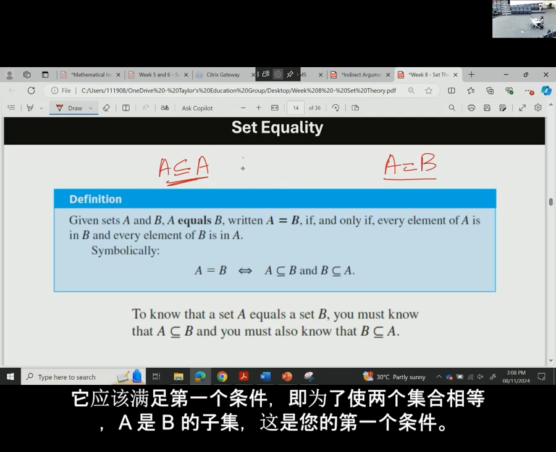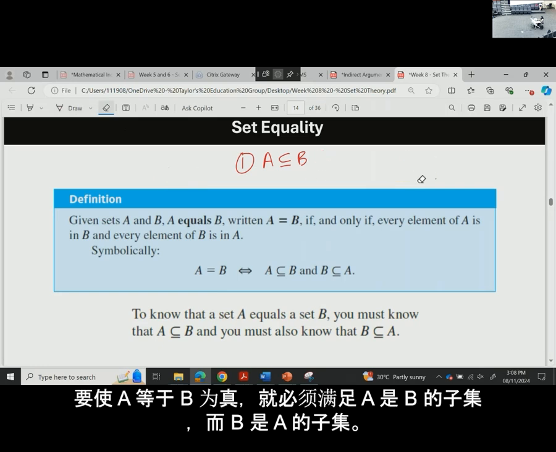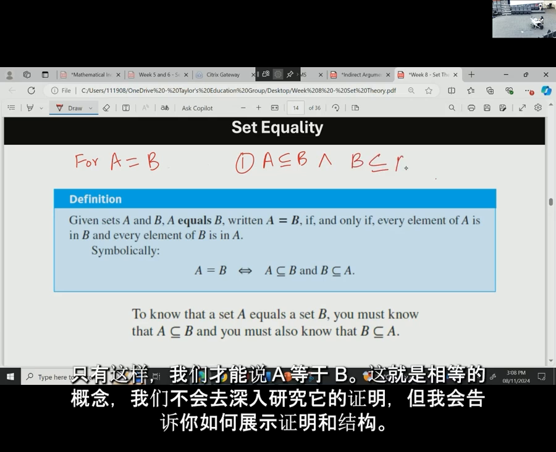The first condition, for the two sets to be equal, is that A is a subset of B, and this is your first condition. For A is equal to B to be true, it should fulfill that A is a subset of B and B is a subset of A. Only then we can say that A is equal to B.